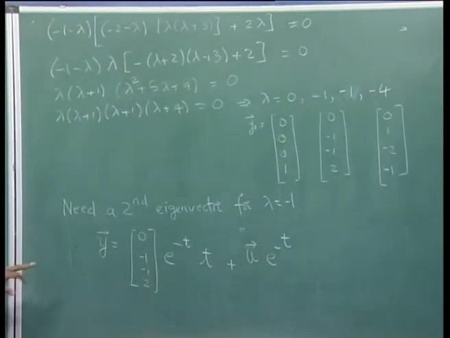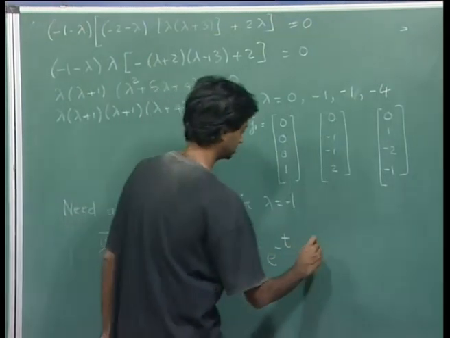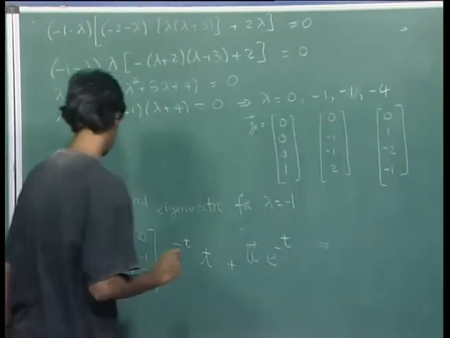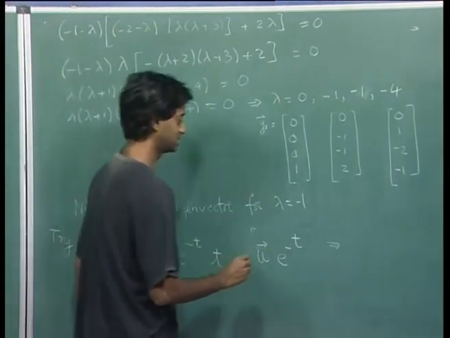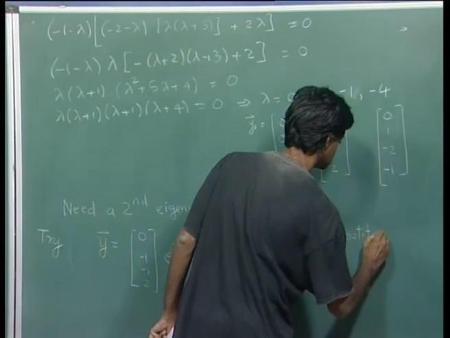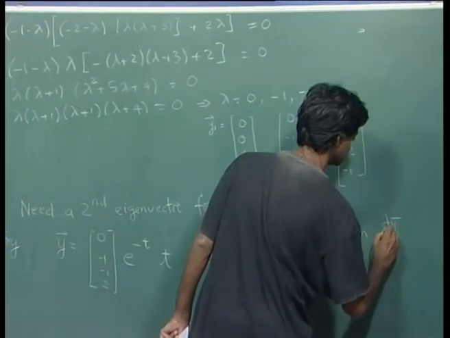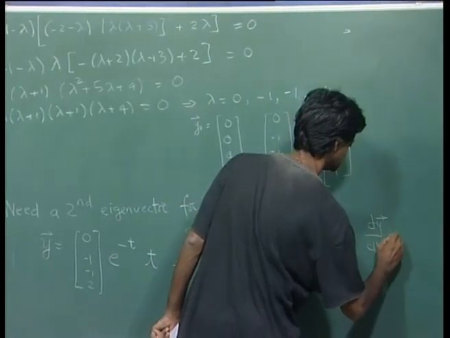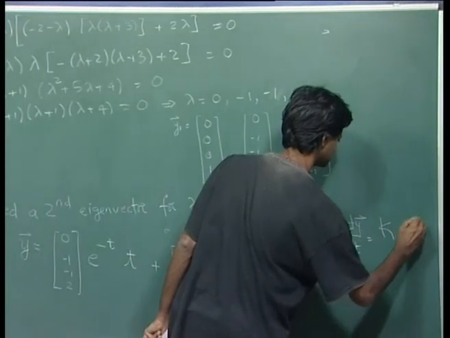In order to determine u, we substitute this in dy by dt equal to ky. So this is a trial y equal to this, and substitute in ky.